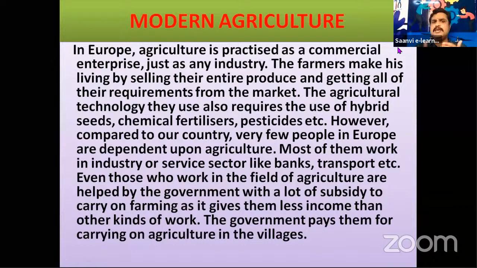Most of them work in industry or the service sector. See here, the primary sector is generally decreasing. When we discuss modern primary sector work, in the sense of agriculture, people are concentrating on the secondary and tertiary sectors. Secondary means the industrial sector, production and distribution, factories or companies.